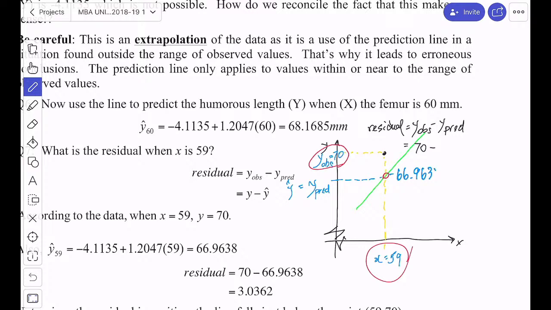So when I use the line, I'm getting values on the line. So 70 minus 66.9638 gives me my residual. The residual is positive. Okay, so hopefully that didn't confuse you.